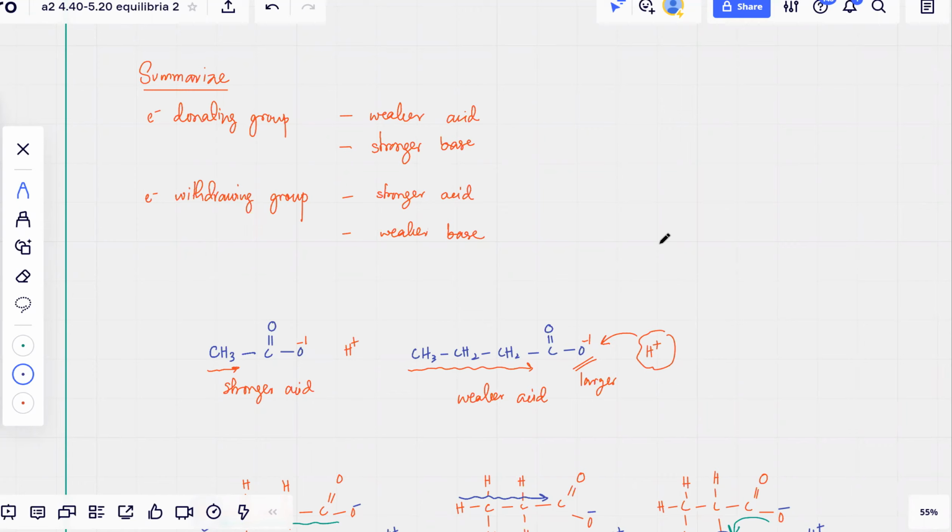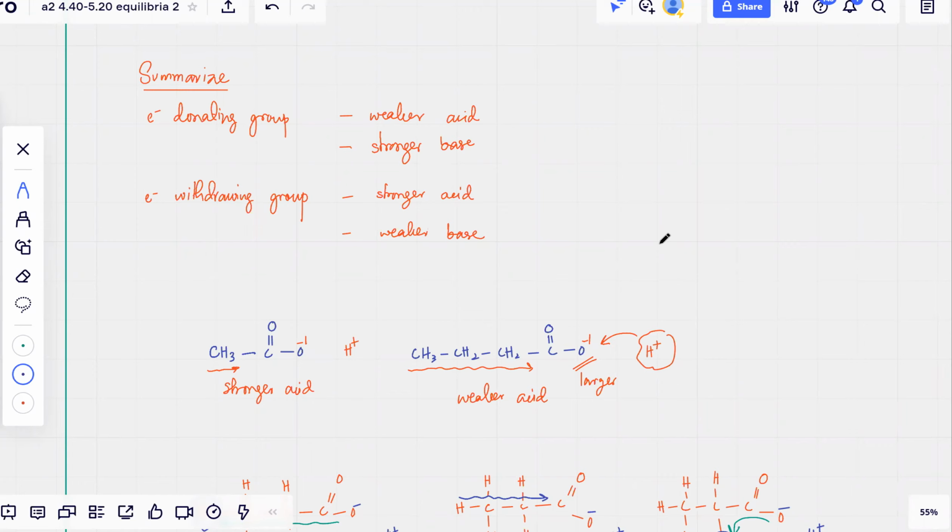Yes, sir. But sir, I have one question. If there's a double bond between the acids or the bases, will it affect their strength? A double bond in what way? Between the carbons? It possibly can, yes.